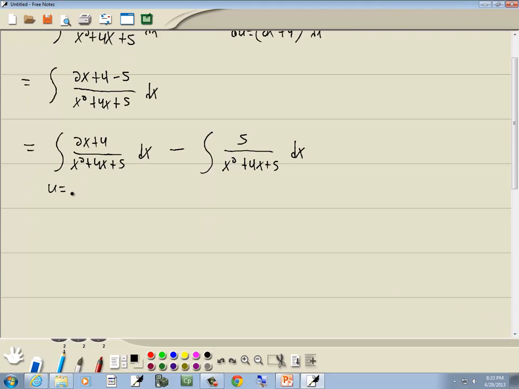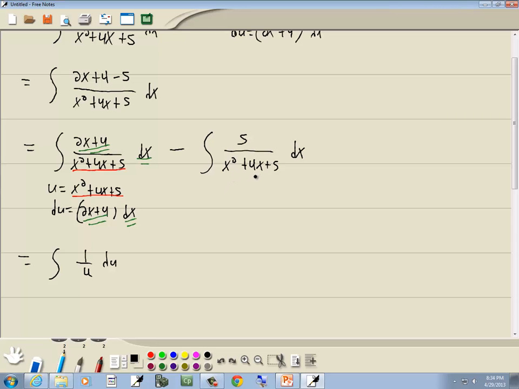We let u equal the denominator, u is equal to x squared plus 4x plus 5. du, the derivative of that, would give us 2x plus 4. And remember, we throw on a dx. So this is accounted for: 2x plus 4, dx. So everything's accounted for. So this is going to become 1 over u du.